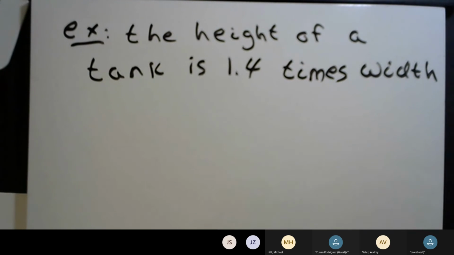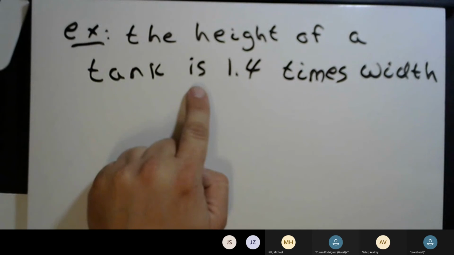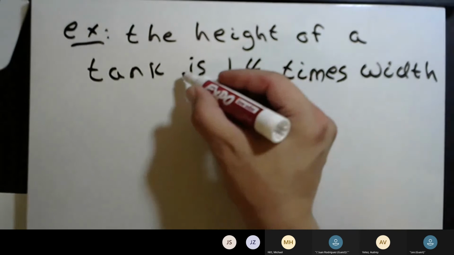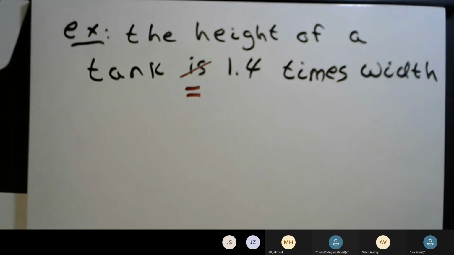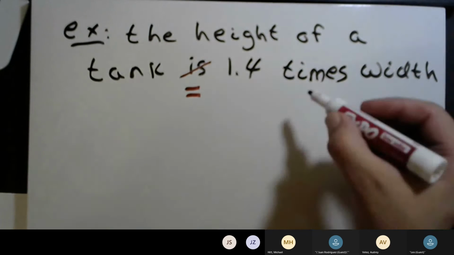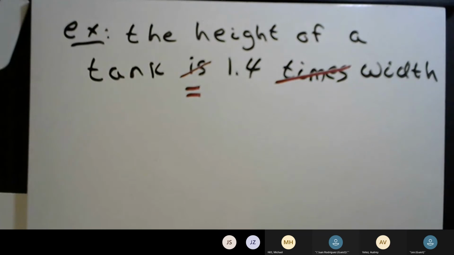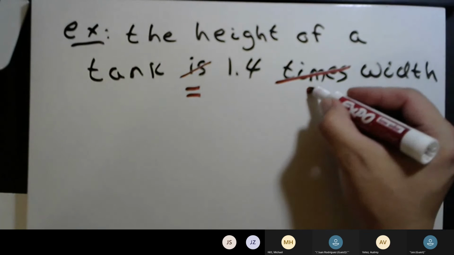So what we're going to do is go through and edit this, looking for translations we can make. A key one is "is", which is one of the words that translates to an equal sign. And then "times" is multiplication.